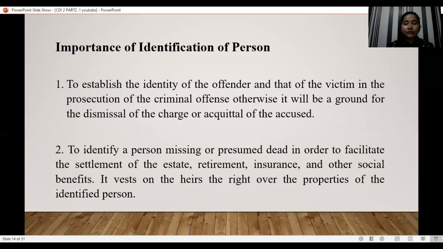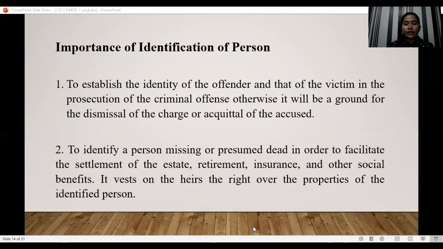And the importance of identification of a person: the first one is to establish the identity of the offender and that of the victim in the prosecution of a criminal offense. Otherwise, it will be a ground for the dismissal of the charge or acquittal of the accused.